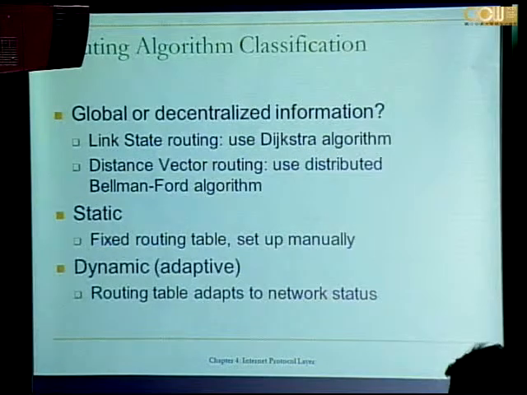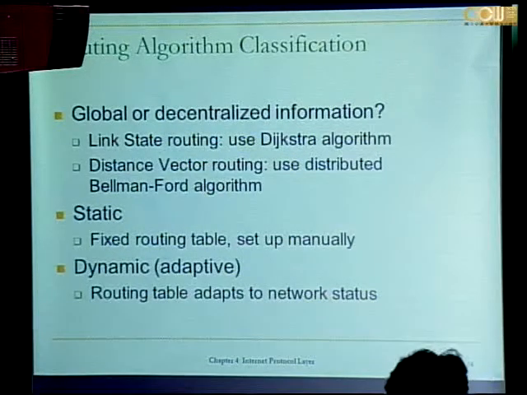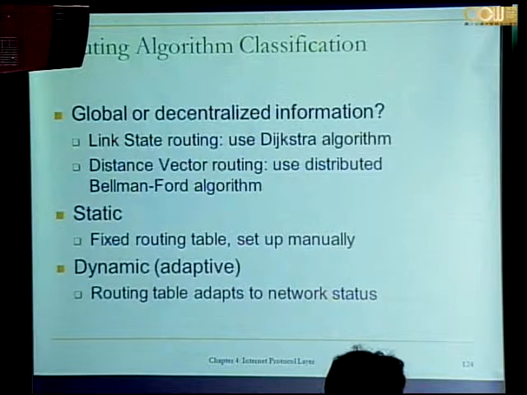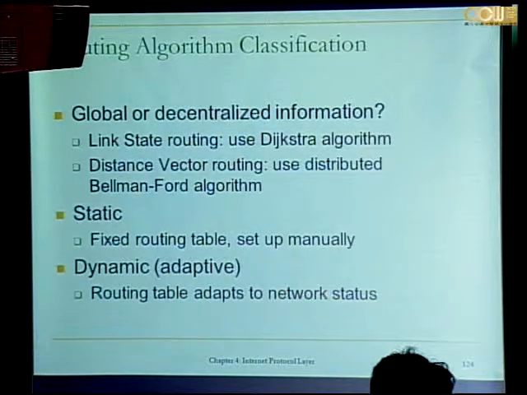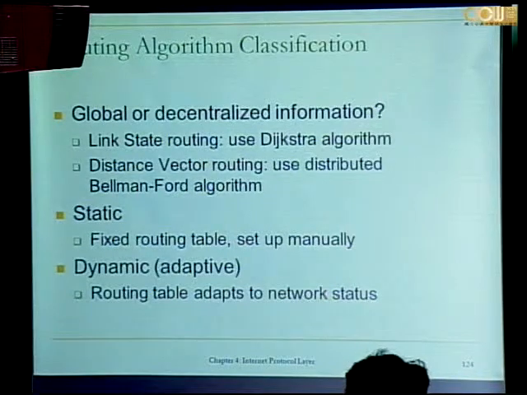Then we would be able to construct a topology of the network. Suppose each one of us broadcasts the link state. So I have the link state of each one of you, so I know who are your neighbors, and also I know your delay to the neighbors.